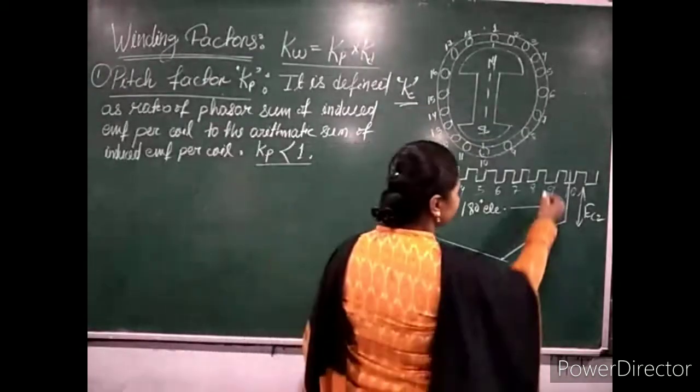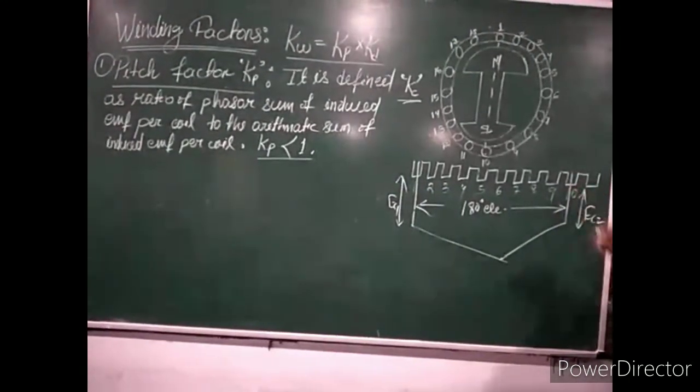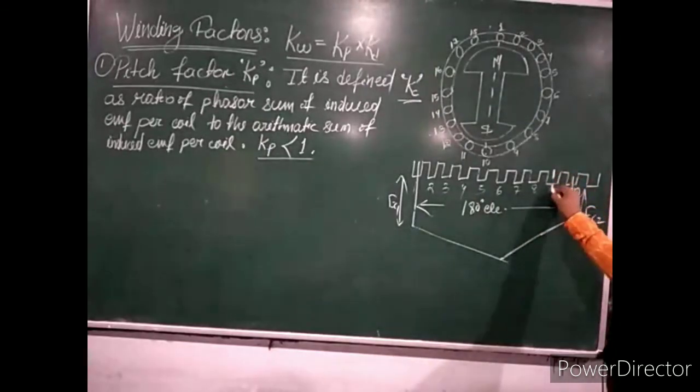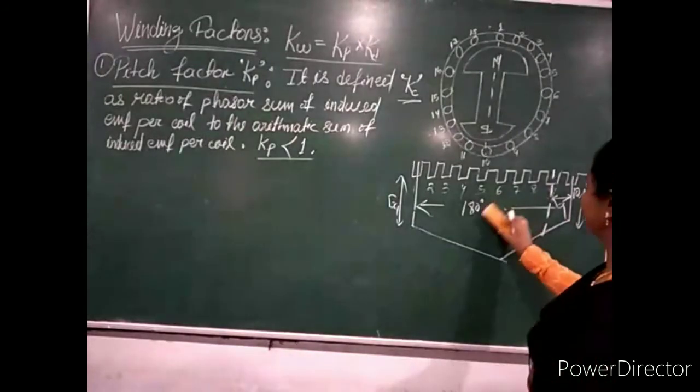Instead of placing coil side 2 in the 10th slot, if I reduce its length, in place of the 10th position, if I place it in the 9th position, it means before by angle alpha I place this coil side, and this alpha angle is called the short pitch angle or chording angle.